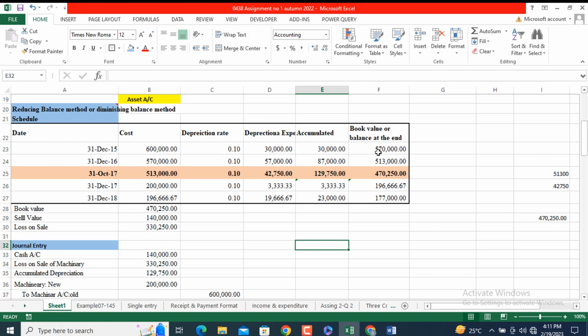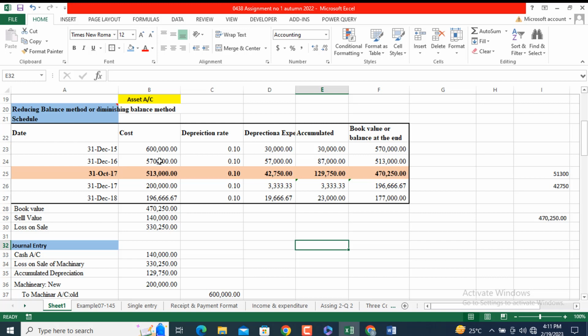So we will get 570,000 balance or book value at the end of the year. As the method is the diminishing balance method or reducing balance method, this will become the opening balance of 1st January 2016, but we are dealing with the depreciation closing at the year end, so we are going to use the date 31st December 2016.